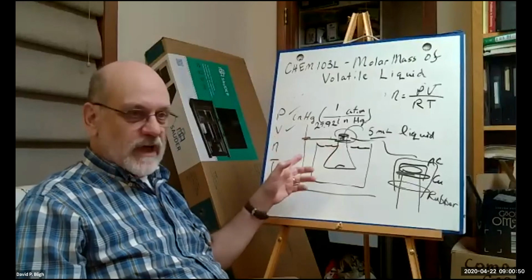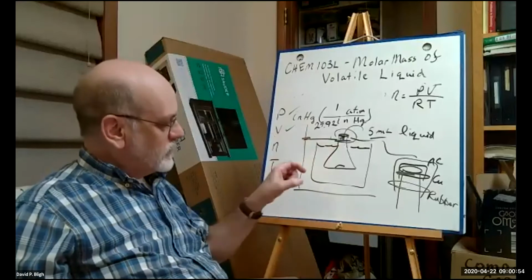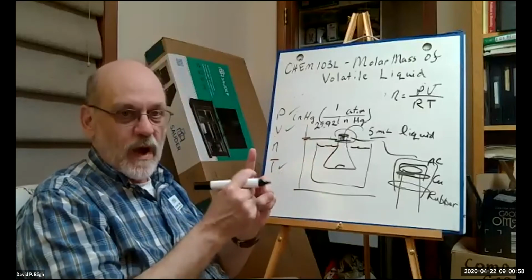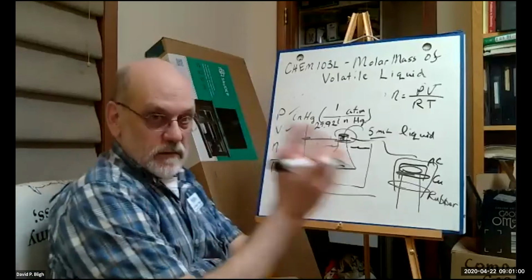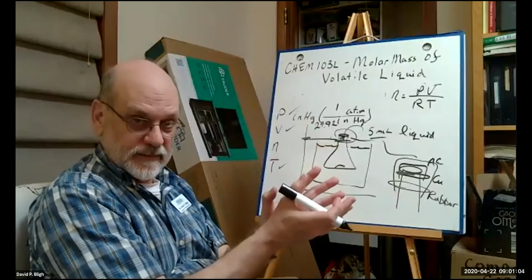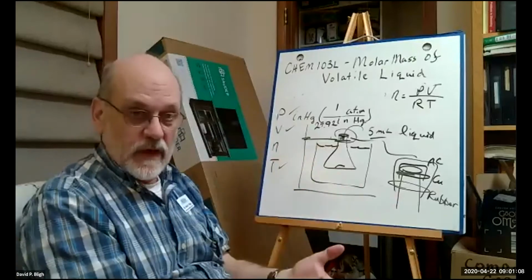So then when we're done, and it's room temperature again, and you've only got the flask, the small aluminum foil, and the copper wire together, put it in your balance. Just make sure it's dry. And that's the weight with the unknown.